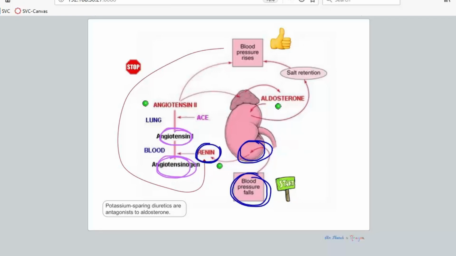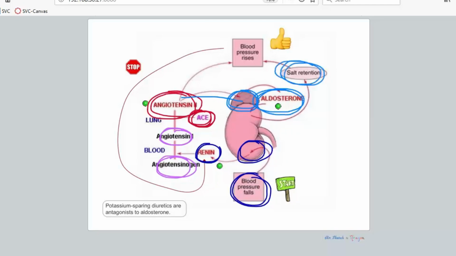What happens next? Angiotensin 1 goes into the lungs, and angiotensin converting enzyme converts that to angiotensin 2. Angiotensin 2 acts on the adrenal gland, causes the release of aldosterone, which causes salt retention, which causes water retention, which causes blood pressure to rise.